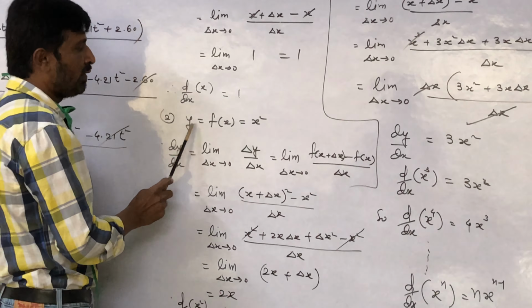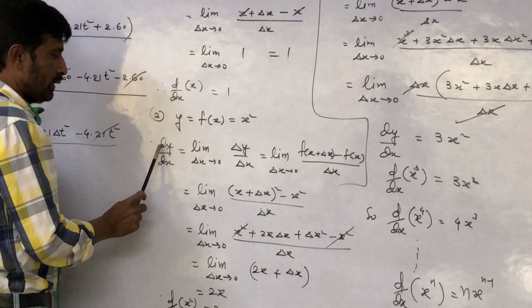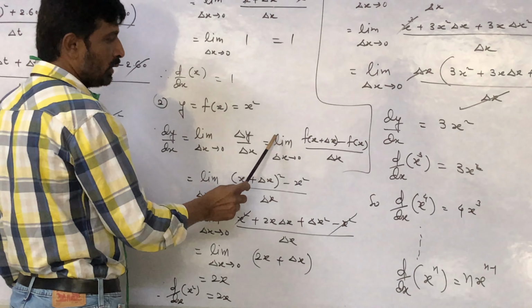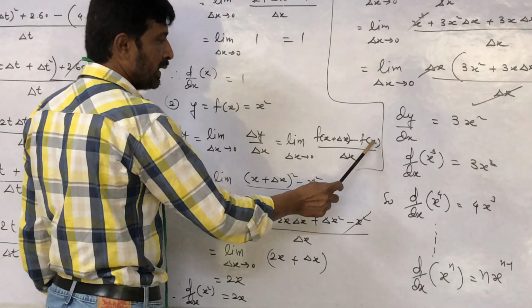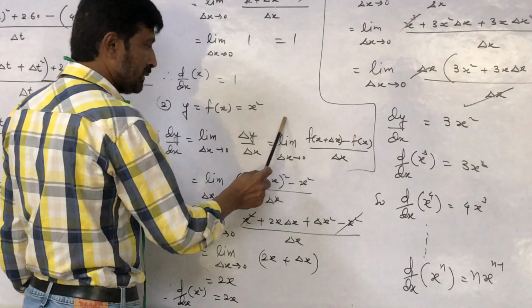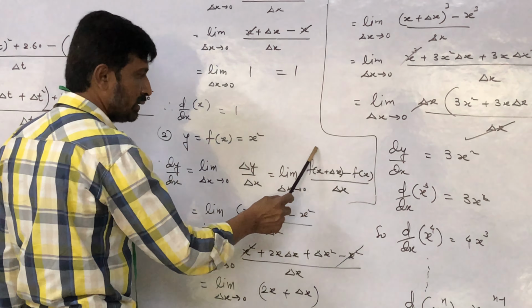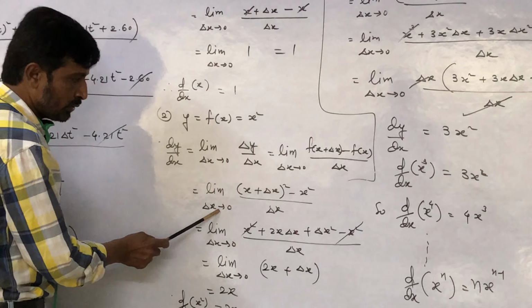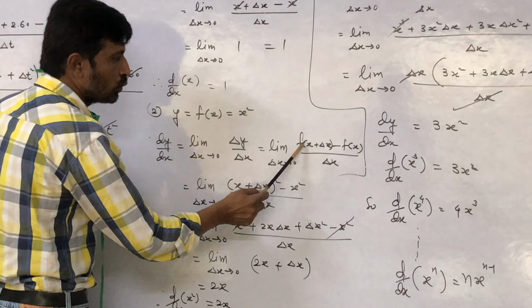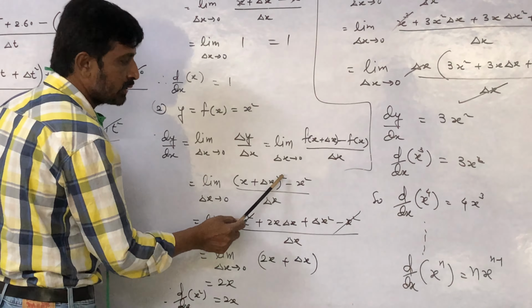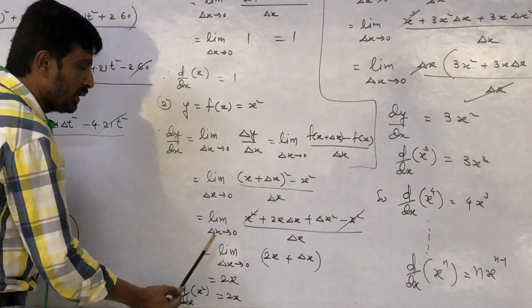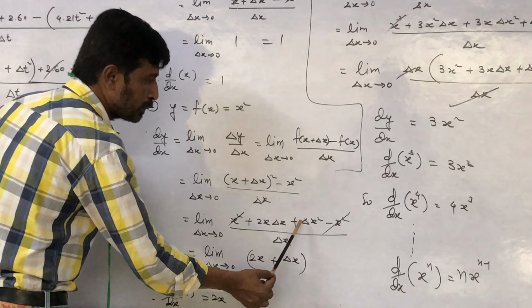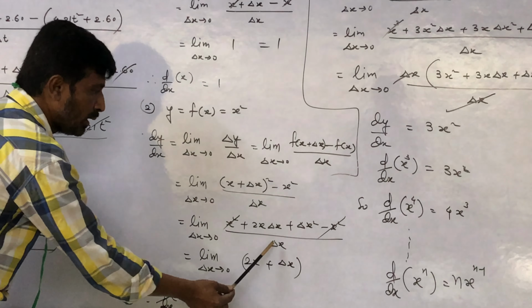Second example, y equal to f of x equal to x square. So dy by dx, limit delta x tends to 0, delta y by delta x, so limit delta x tends to 0, f of x plus delta x minus f of x upon delta x. This term is a common rule for any function; it represents the rate of change of the function. Here f of x is x square, so f of x plus delta x is x plus delta x whole square, minus x square, upon delta x, equal to limit delta x tends to 0, x square plus 2x delta x plus delta x square minus x square upon delta x.